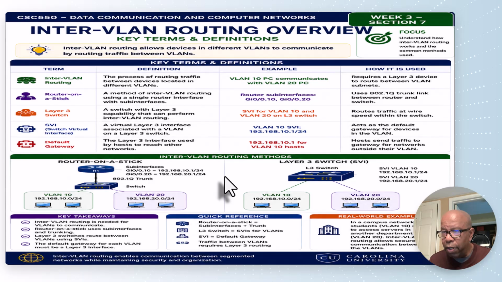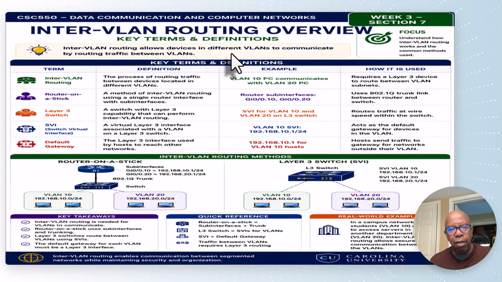SVI, switch virtual interface, a virtual interface at layer 3 associated with VLANs on a layer 3 switch. So I can have a layer 3 switch or a layer 2 switch, depending on what I'm doing and where I am in the OSI process. Those are the key things, that I can communicate from a virtual LAN to another virtual LAN.